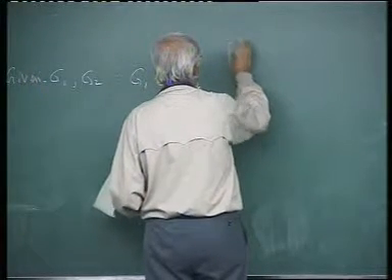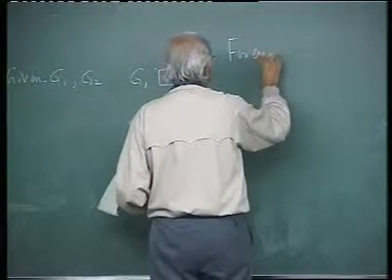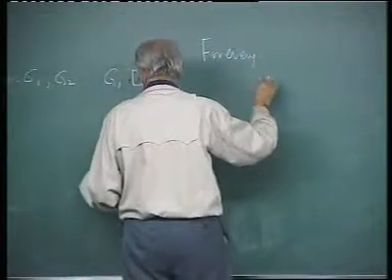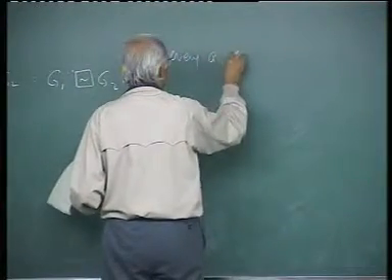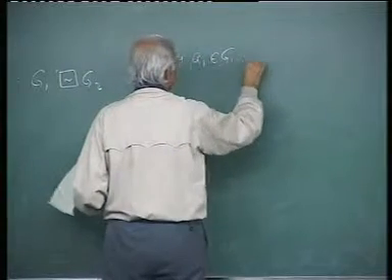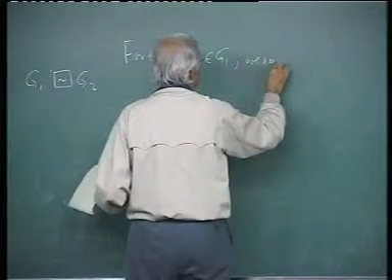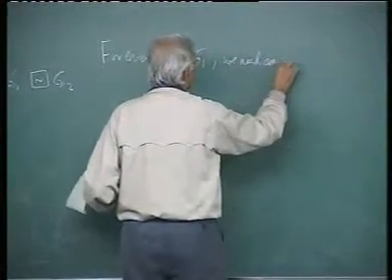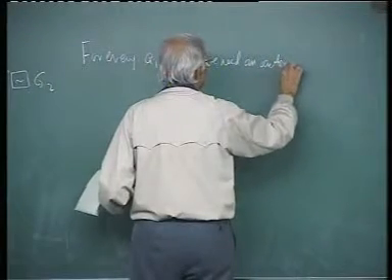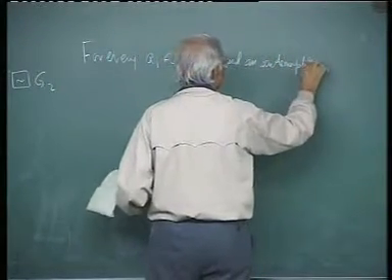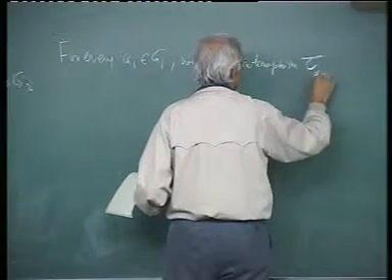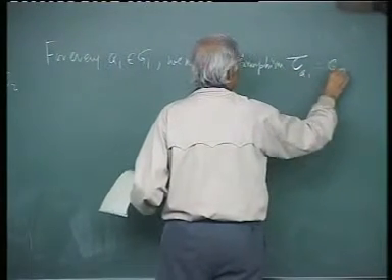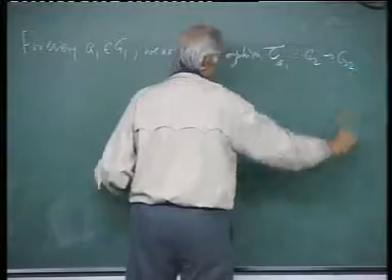So what are the requirements that you must start with to go through this construction? You have to say the following. For every A1 in G1, we need an automorphism tau A1 of G2 to G2.